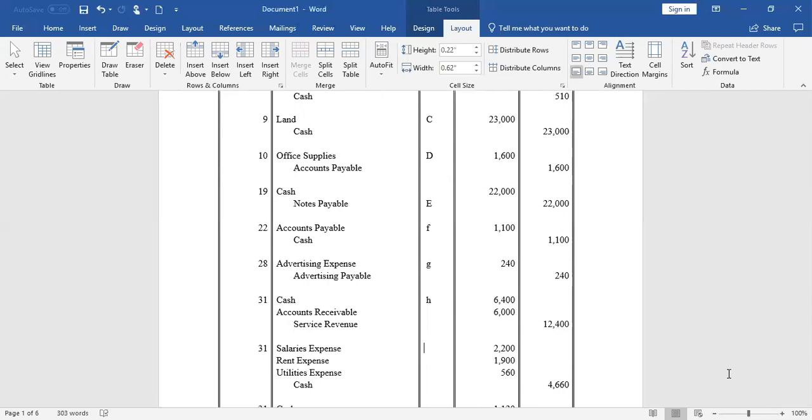No, increase each expense on the debit side. You have more of those expenses. Remember, we're trying to accumulate all the expense we have under each category. So salary expense in the debit column, rent expense in the debit column, and utilities expense. Decrease the asset cash for the total amount you paid out with one amount, $4,660.